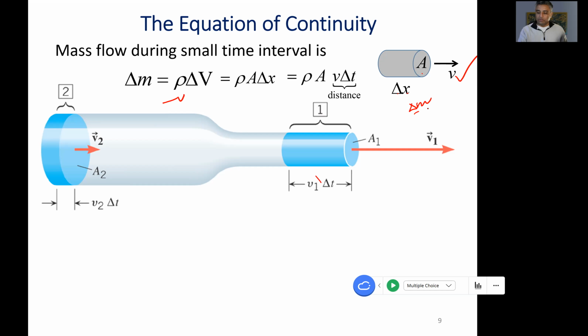Delta m over delta t is the rate, and that depends on 3 things: density, area, and speed, okay? If flow is constant, let's say, whatever goes in is what's coming out through a section of the pipe, that means the flow rate is constant.